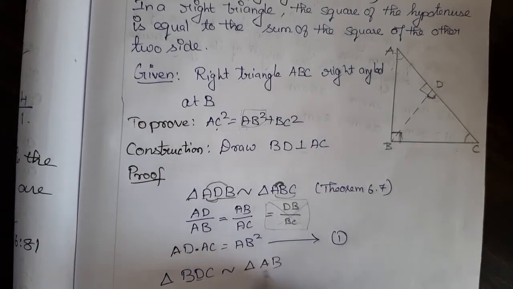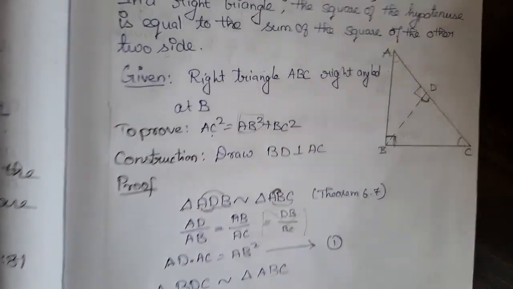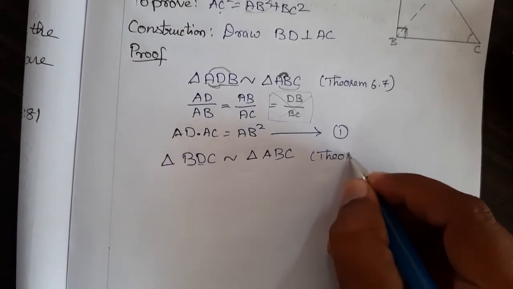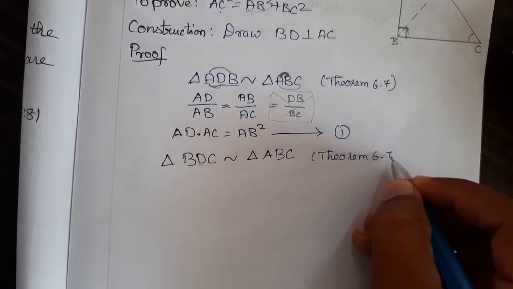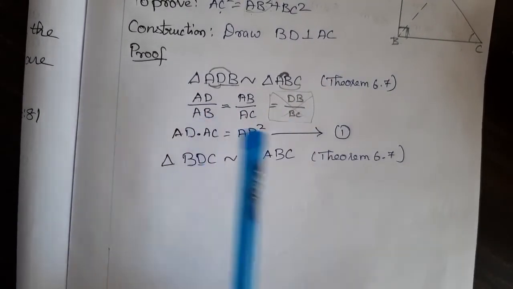A, B and C are the common, right? So these two are similar, because of theorem 6.7.